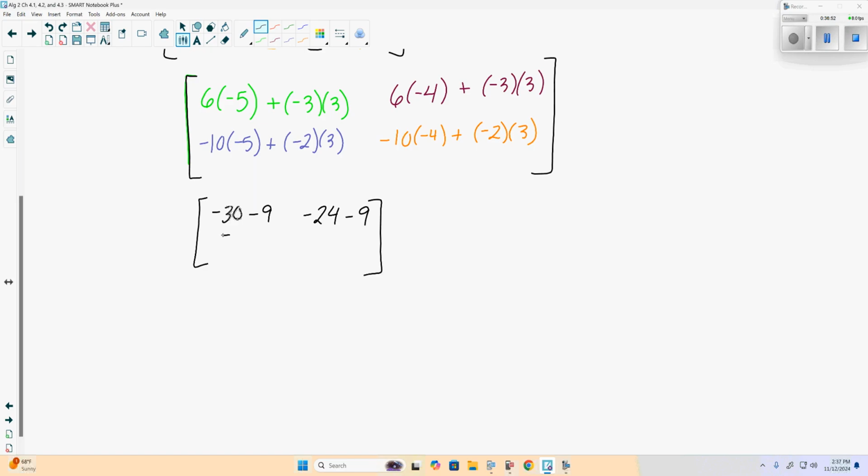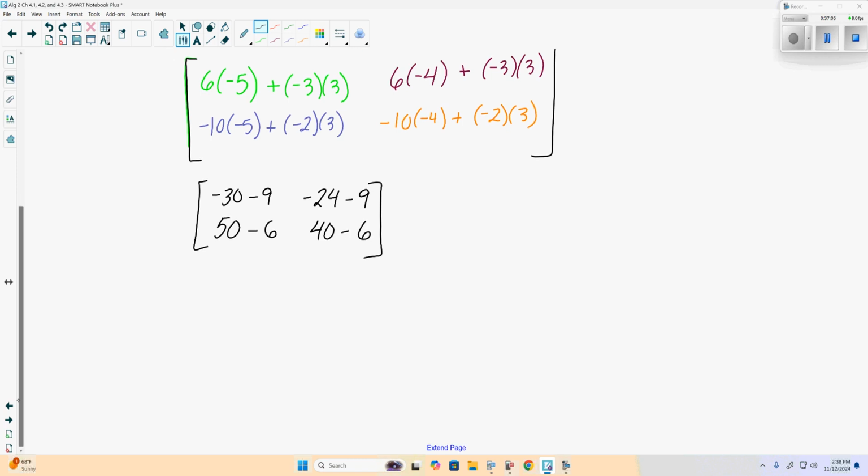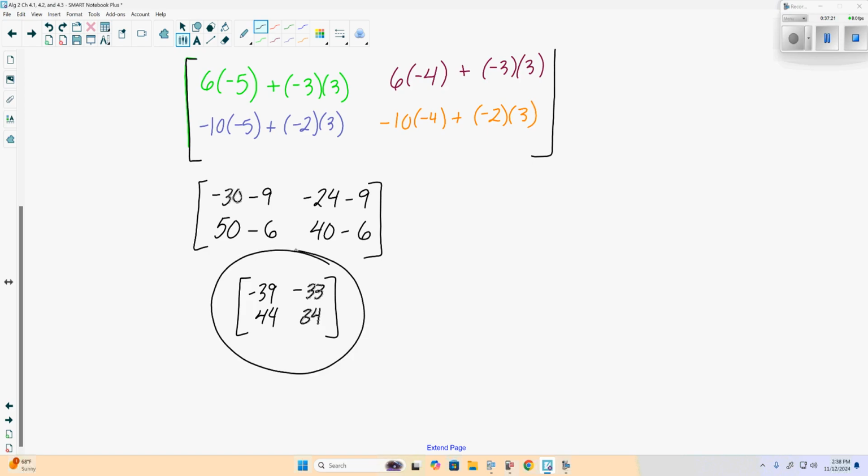Negative 10 times negative 5 is positive 15. Negative 2 times 3 is negative 6. Negative 10 times negative 4 is 40. And negative 2 times 3 is negative 6. Telling us that we have negative 39, negative 33, 44, and 34.